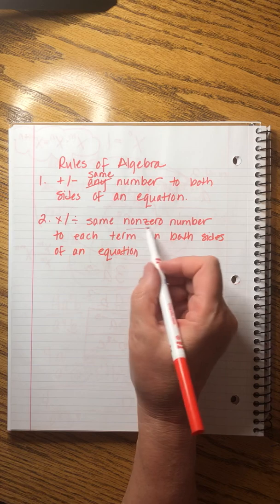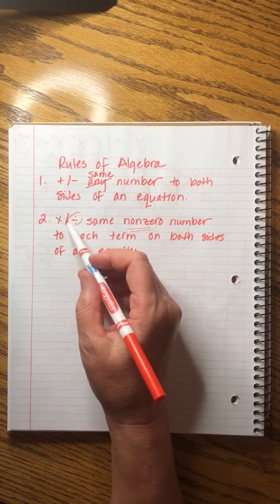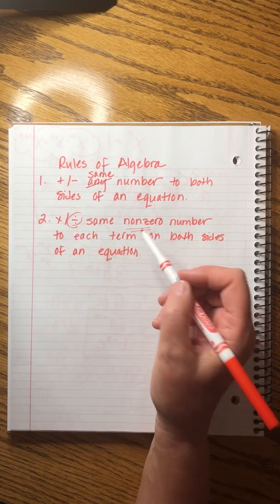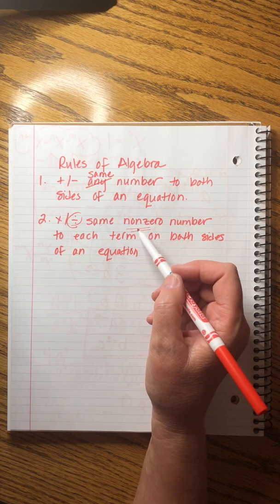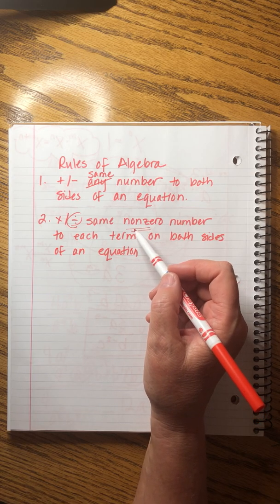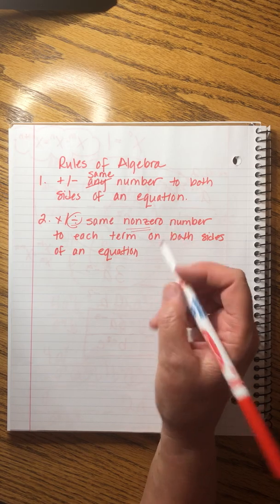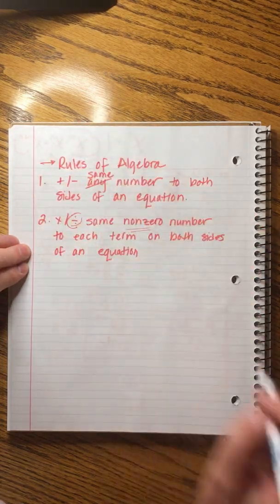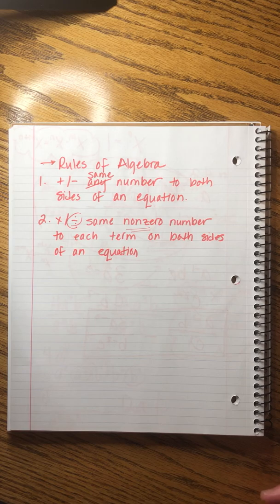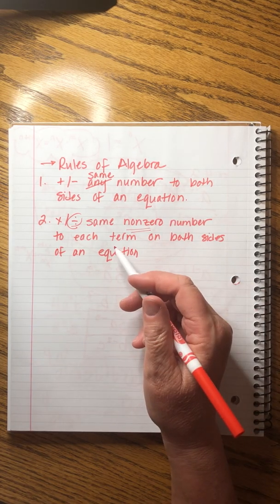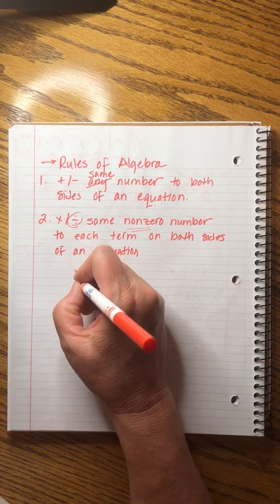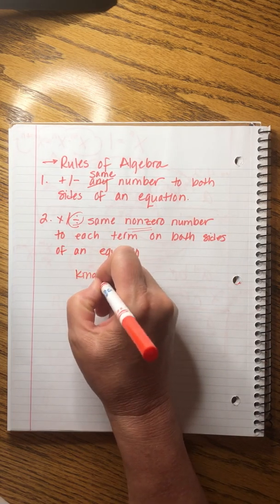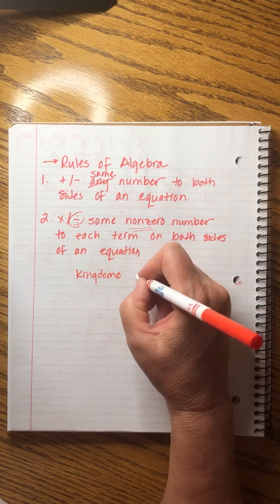We have to say non-zero because you and I both know that if we divide by 0, we're going to blow up the universe, and we can't have that. Dividing by 0 is no bueno, and if you haven't done this before, or if you'd like to do it again, go watch what happens when you try to divide by 0 by Googling kingdom implosion.